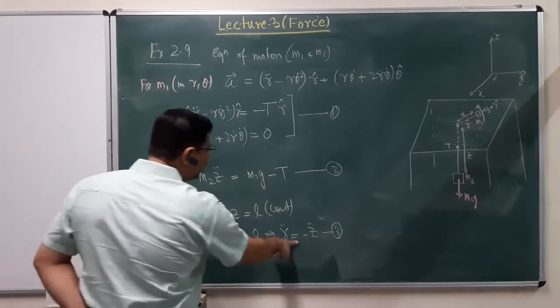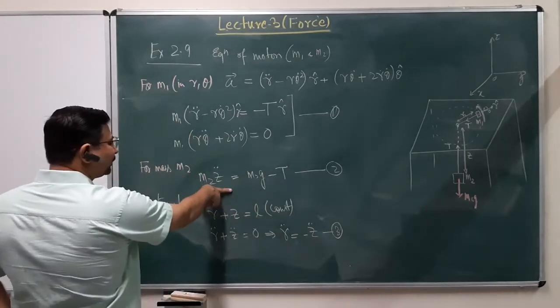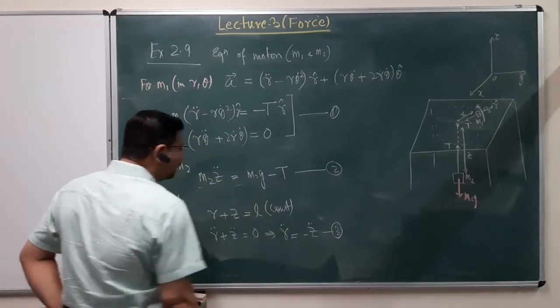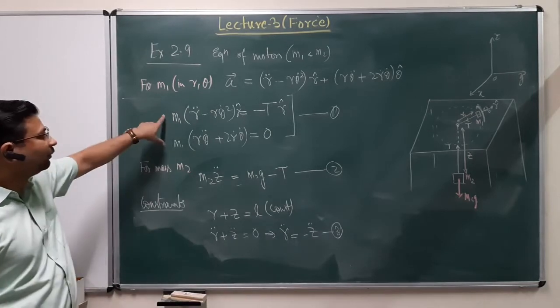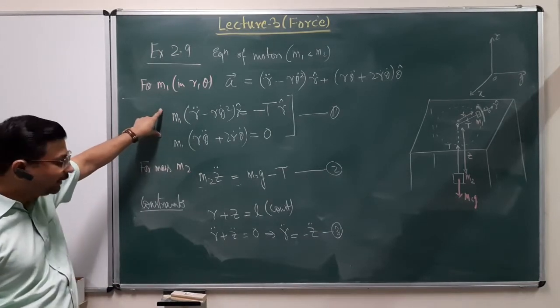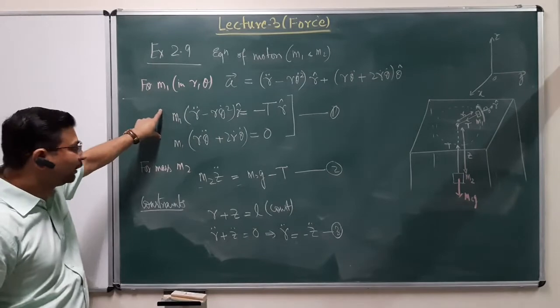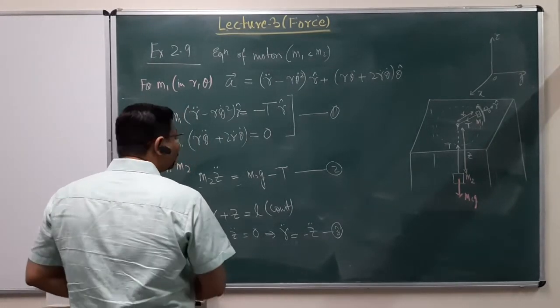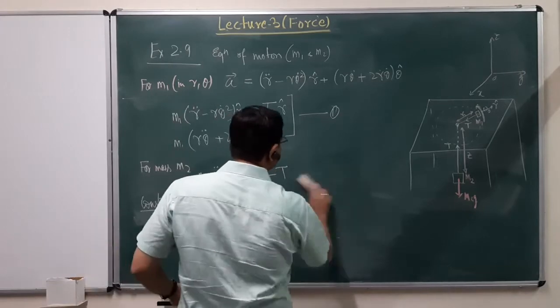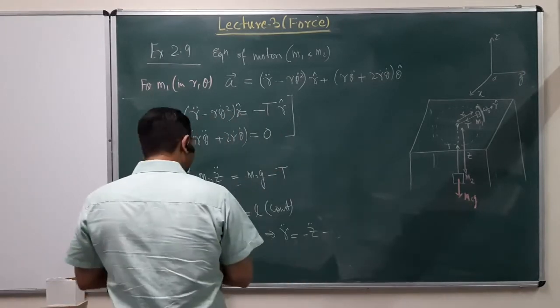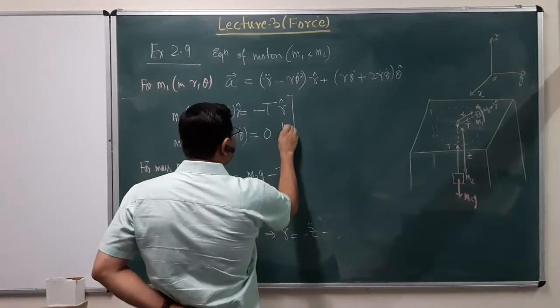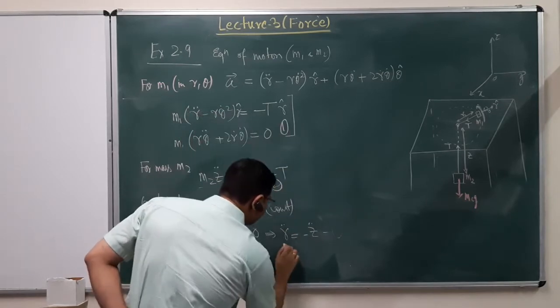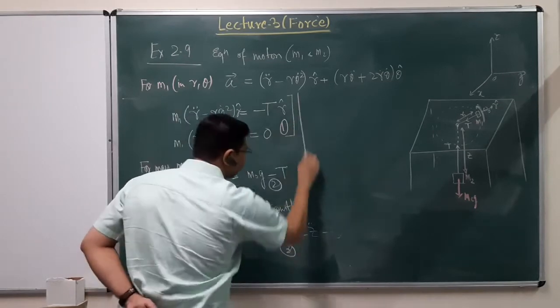Now I can use 3 to represent equation number 2 in terms of r double dot, and then we have two equations in r double dot and t, and then we can solve it. Okay, so let's try to do that. I'll just mark this as 1, this as 2, this is 3.